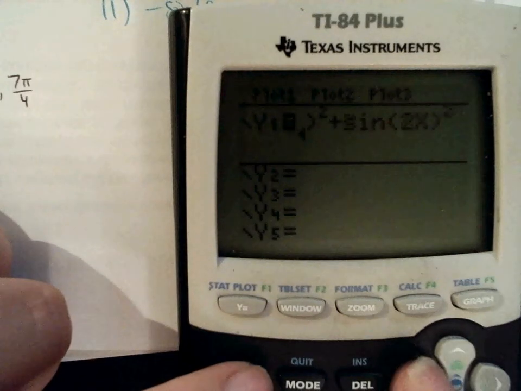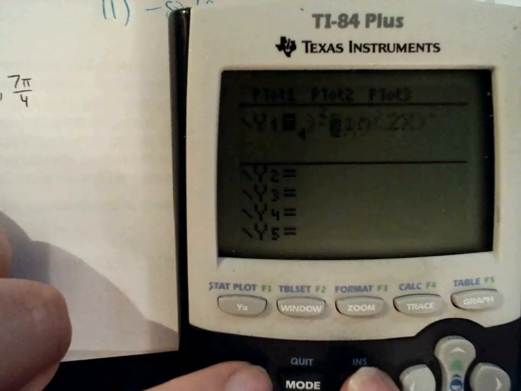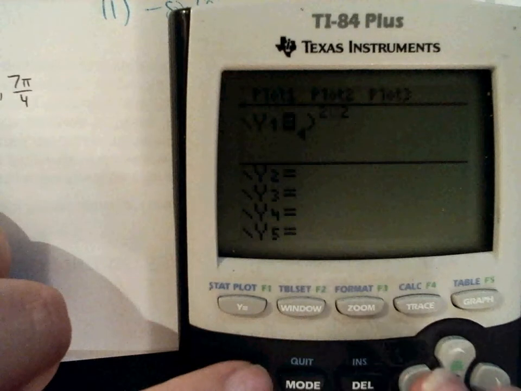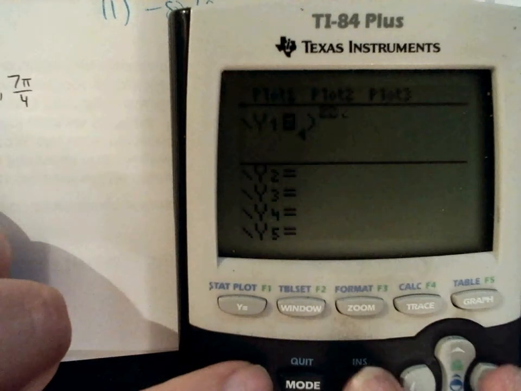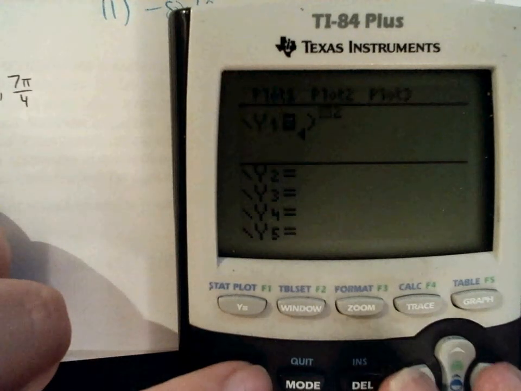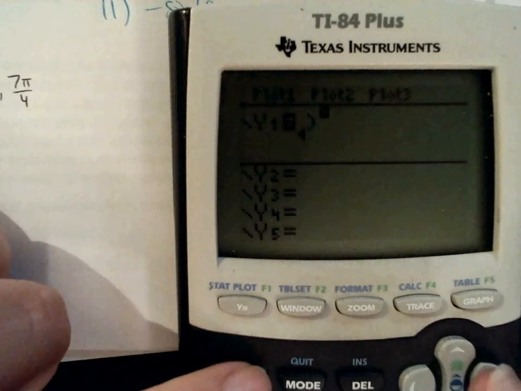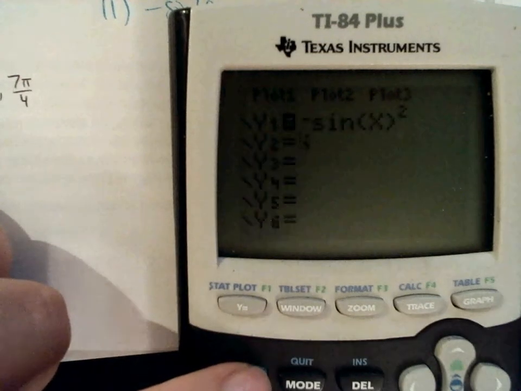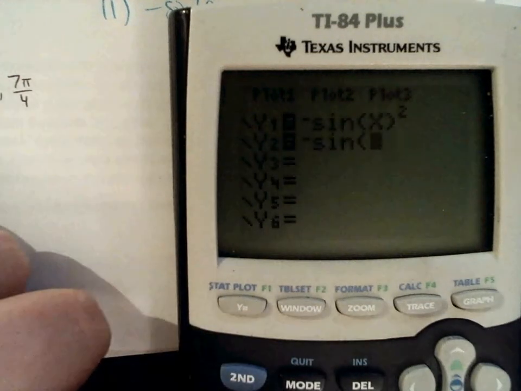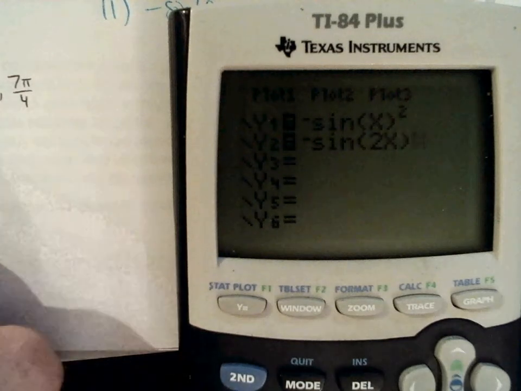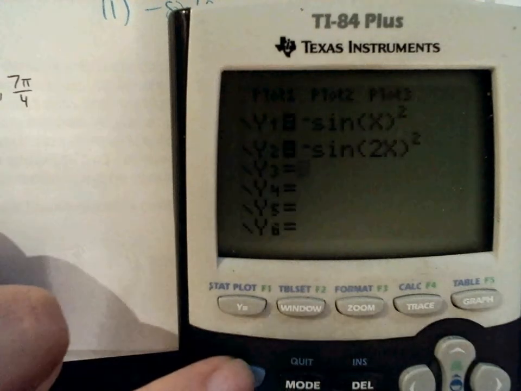Well, I'm going to go back to when I had two different equations. Okay, come on now. So negative sine of 2 theta squared.